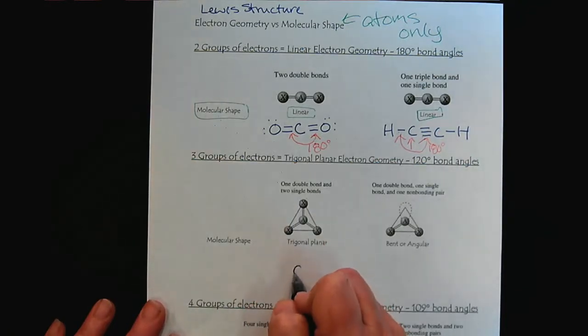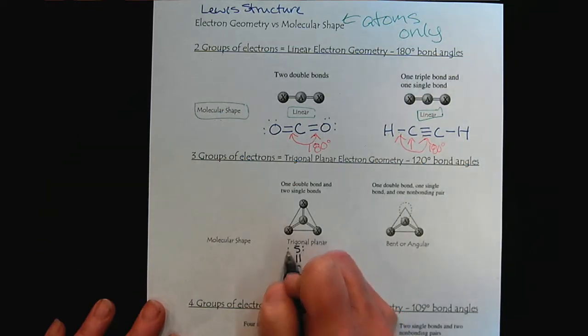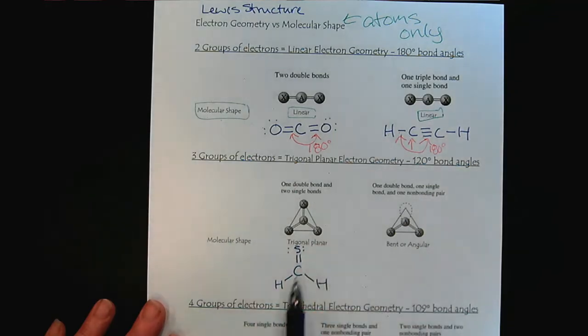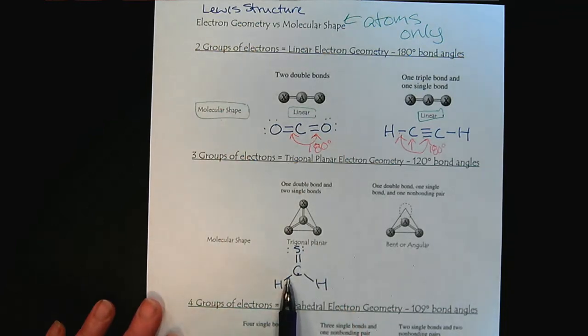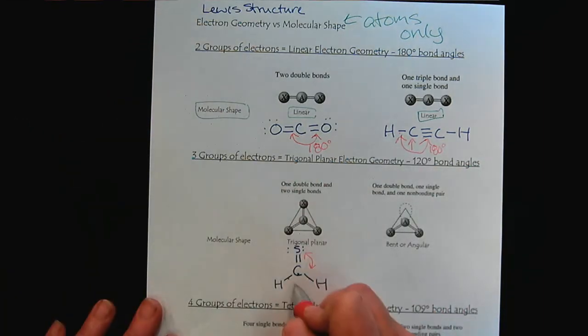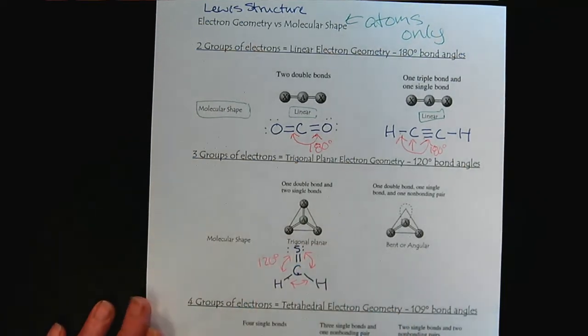For example, if we have carbon with a double bond to sulfur and then a hydrogen and a hydrogen, this carbon has three groups of electrons, two single bonds and a double bond. So these bond angles will all be 120 degrees.